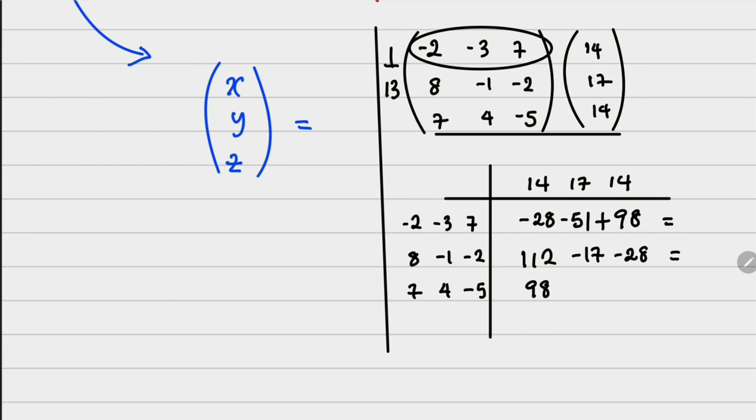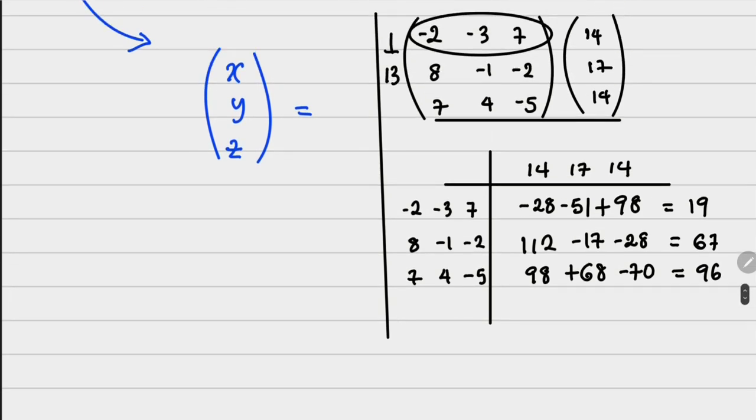Then 4 times 17 is going to give me plus 68. Then this should be minus 70. So let me add them and write the answers. The first one will be 19. The second one, when you total it, you're going to have 67. And the last one, if you total, you're going to get 96.